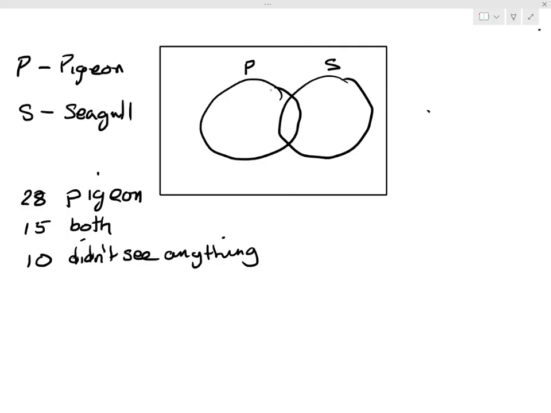We're going to do a probability on this. What's the probability that a bird watcher saw a seagull? So this is somebody taken at random. Did they see a seagull?